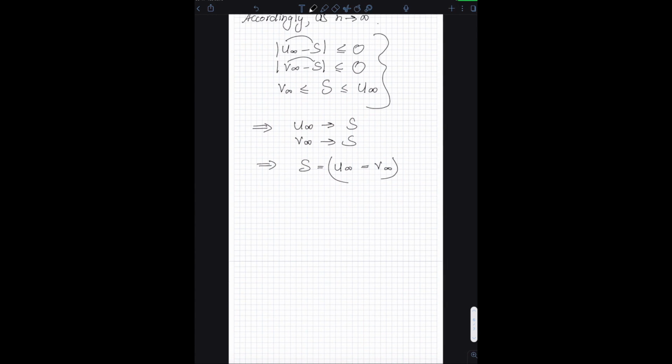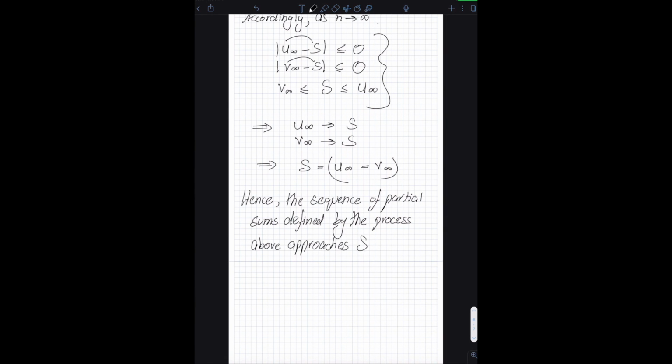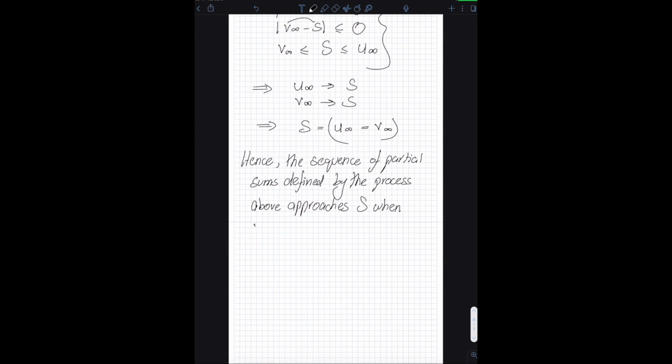So hence, the sequence of partial sums defined by the process above approaches S when n approaches infinity, where n is the number of iterations of the process.